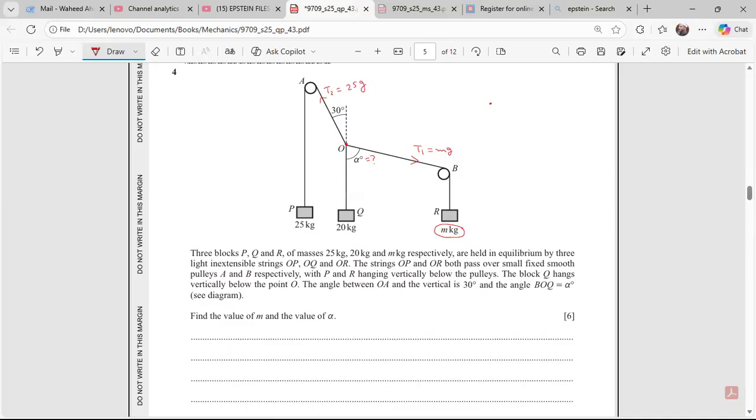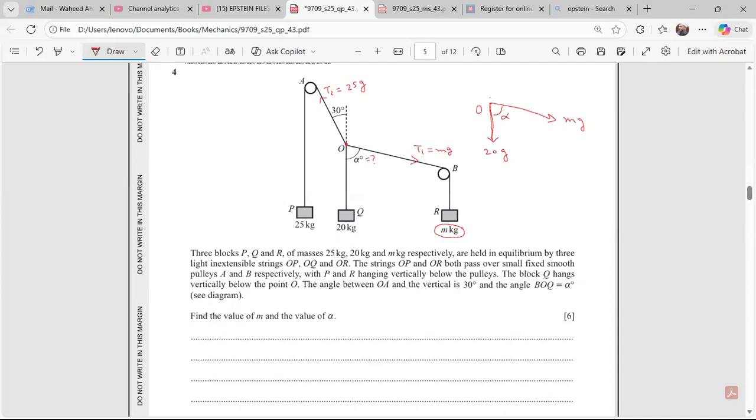Now, if on this point, I'm opening this point up, there are three forces. One is T1, which is mg, and it is making an angle alpha from the vertical line. And this force is 20g.